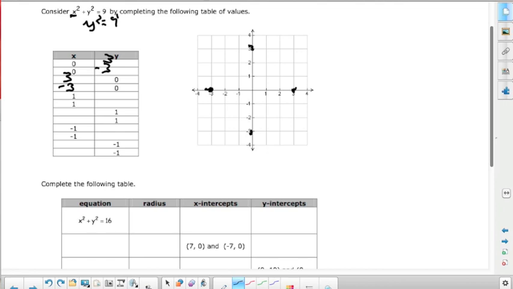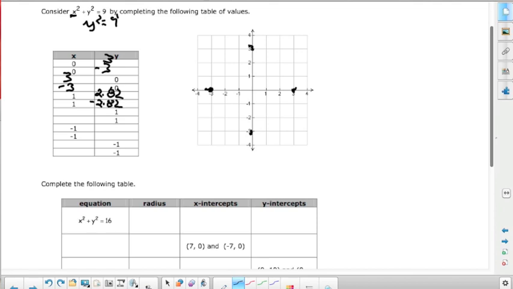Well, we want to isolate y squared, so 9 minus 1, so we got 8. But then we need to take the square root of that, right? So what's the square root of 8? Somebody do that on the calculator for me? 2.828. So 2.82, positive and negative.